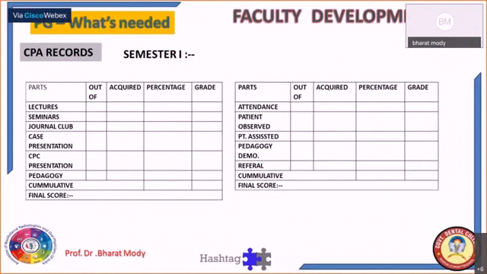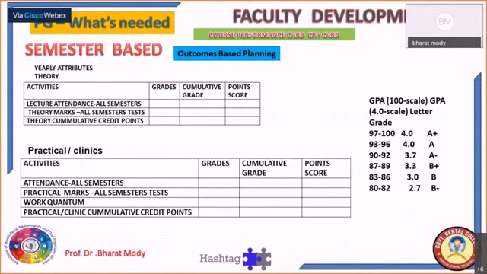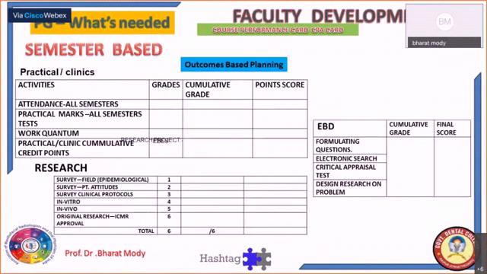So, case presentation, CPC, how many lectures he has taken. You get a cumulative grade. You record everything for both theory as well as practical. Similarly, you add up everything yearly, for both theory and practical, with the interchange of marks, grade, and points. Then you have the entire work schedule of the year, which is taken into consideration.